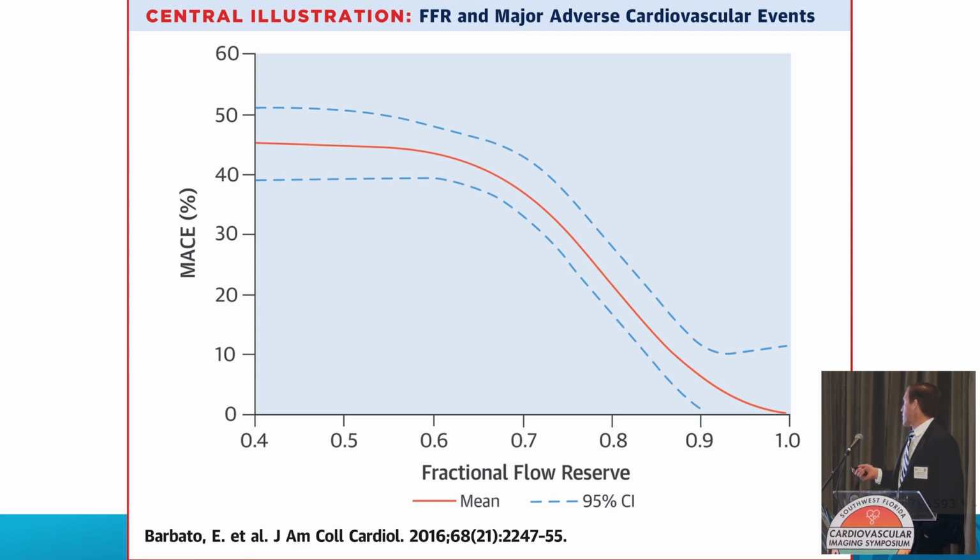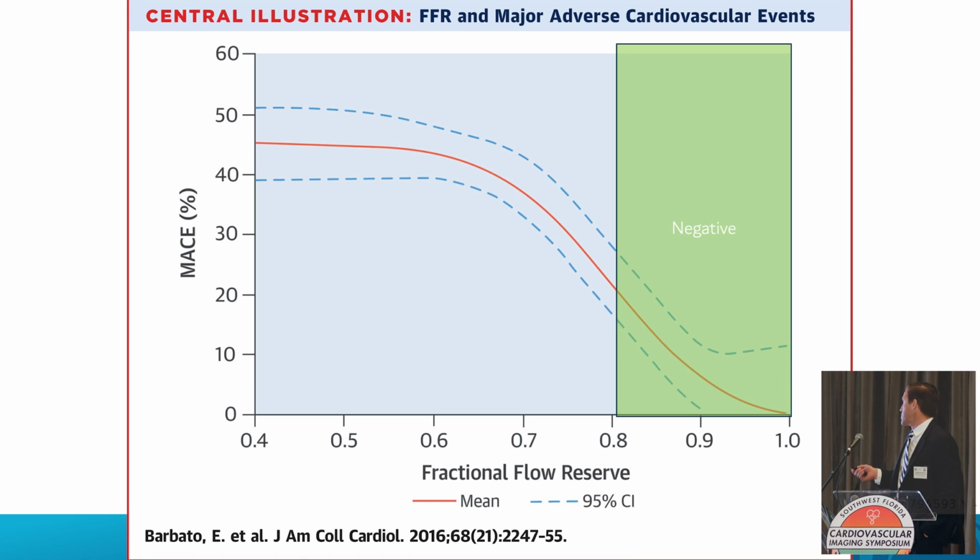Typically, what we've observed in the FAME-2 trial is that as we decrease this number in the fractional flow reserve, this ratio, there's a corresponding increase in risk of major adverse cardiovascular events. And there's an inflection, an increase in the rate of MACE that we observe right around 0.8.